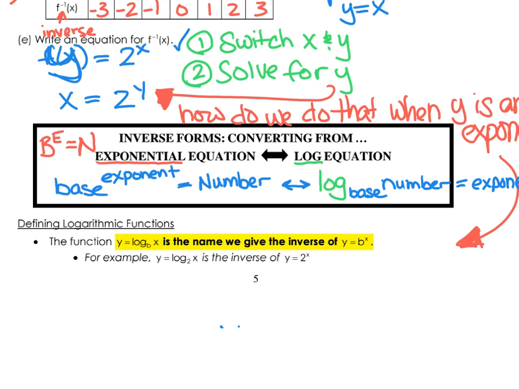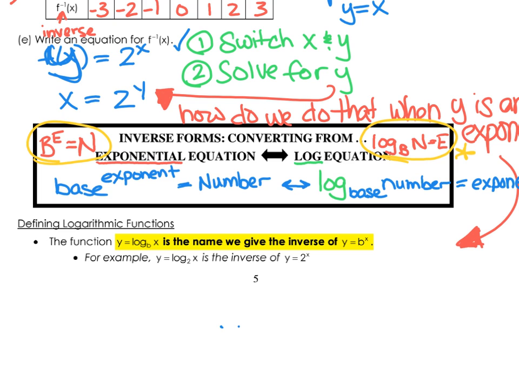All right, and so if I rewrite that one, that's log with your base, then your number, then equals your exponent. So those are the things to remember. This is exponential form. This is log form. When you're solving for an exponent, you need to go from exponential to log.